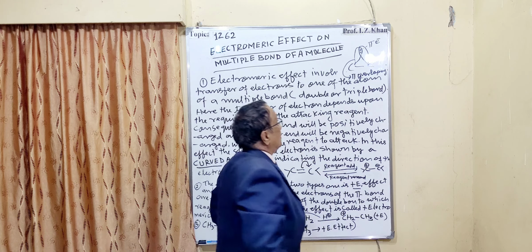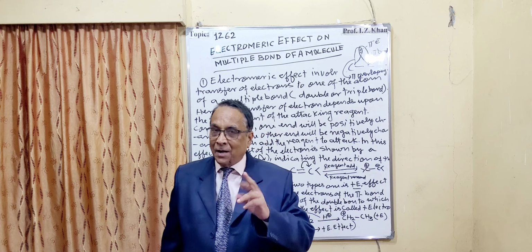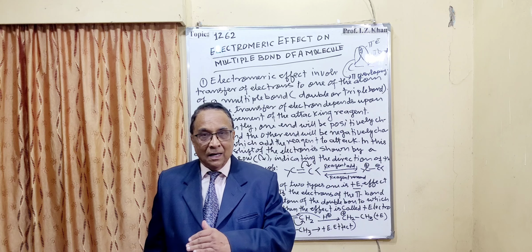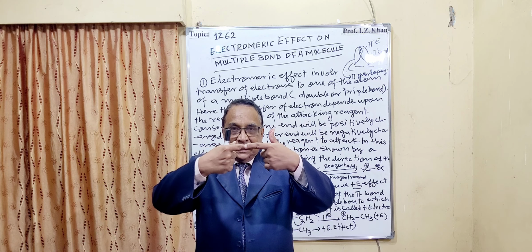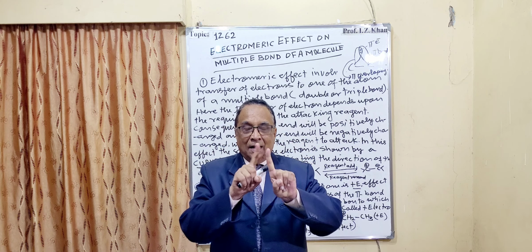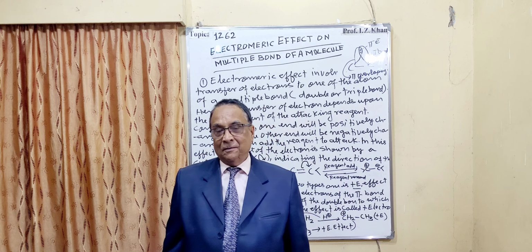And here, let me make it very clear to students, in these two types of overlapping or bond formation, one is sigma, where the orbitals overlap along the front axis. The other one is parallel. The one in the form of front axis overlapping, the sigma bond, is a very strong bond.